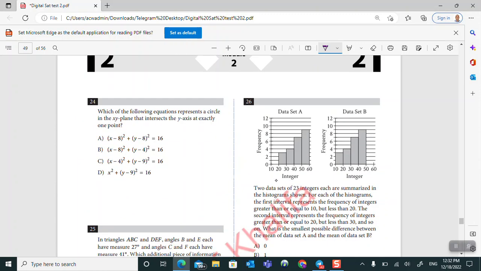Which of the following equations represents a circle in the xy plane that intersects the y-axis at exactly 1 point? So here, that's a new question. In order to have a circle that intersects the y-axis at exactly 1 point, the radius must be equal to the x coordinate of the center.